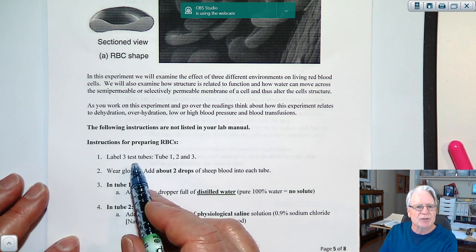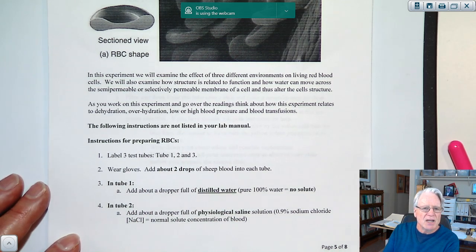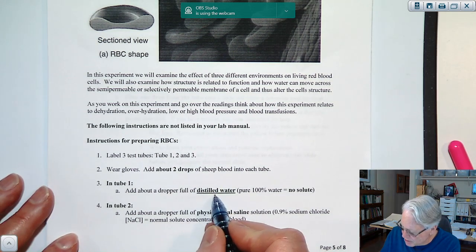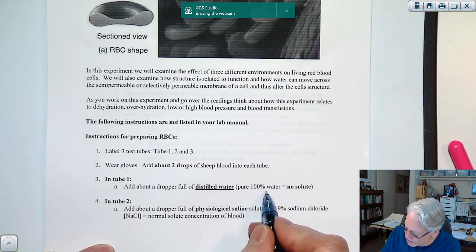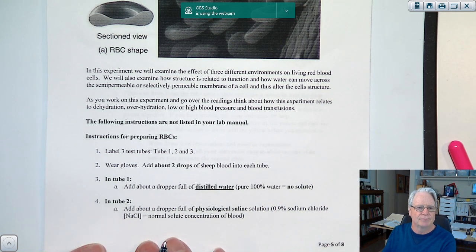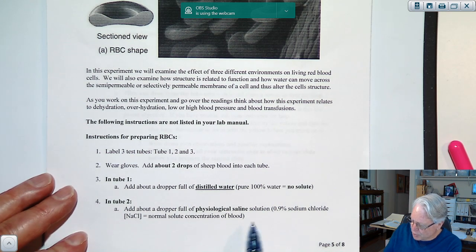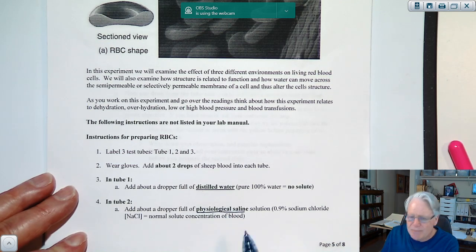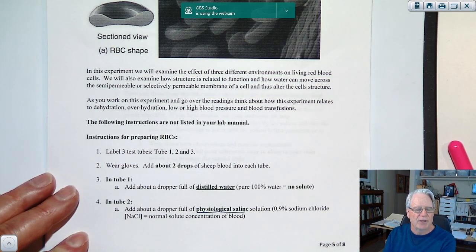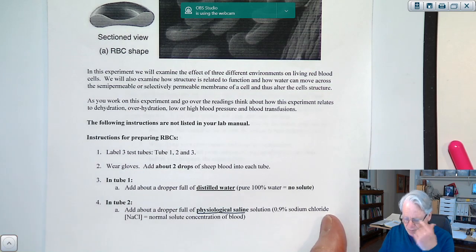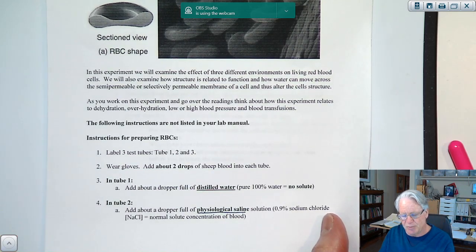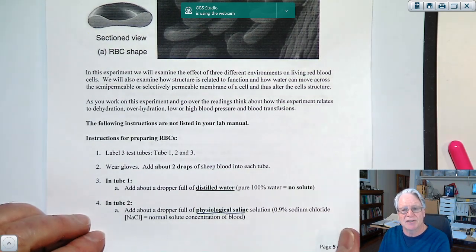So we have 3 test tubes, and we're going to put in different solutions. We're going to put distilled water in one. Distilled water is literally 100% water, no solids. In the second test tube, we're going to put in physiological saline. Immediately you know, because it's physiological saline, that that is a specific type of solution. Hopefully it's popped in your head. I'm not going to say it now because this is part of the questions in the next set.